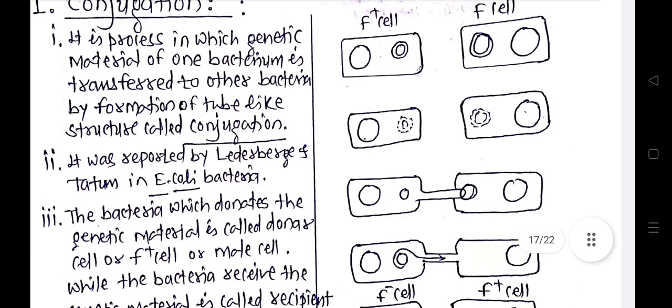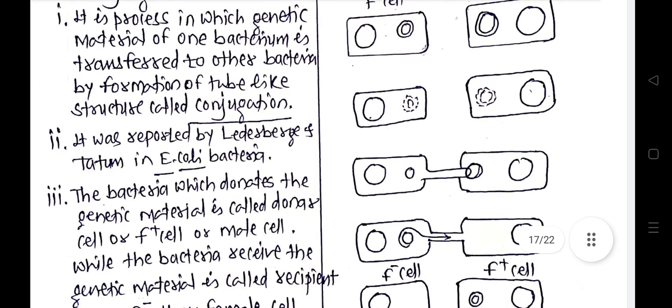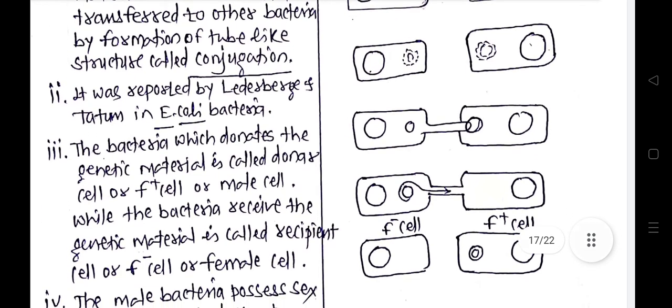One bacterium transfers its genetic material into the other bacterium. The bacterium which transfers the genetic material is called the donor, and it is called the F plus cell, while the bacterium which receives the genetic material is called the receiver, which is the F minus cell. In this way, the genetic material gets transferred from one bacterium to the other.